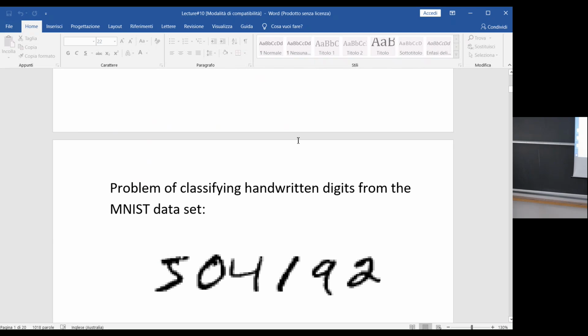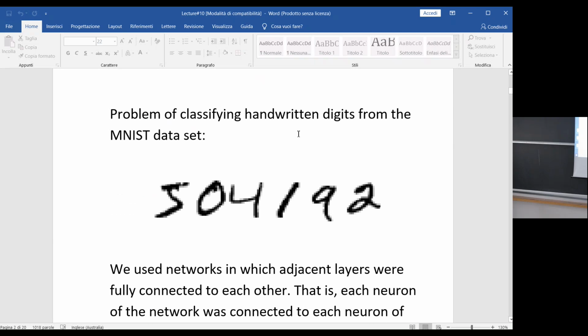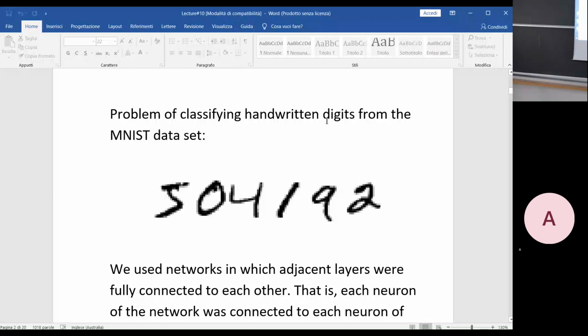So, the basic example of our problem to use the neural net is the problem of classifying handwritten digits from the American MNIST data set.